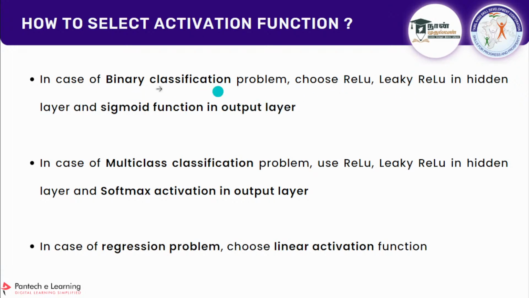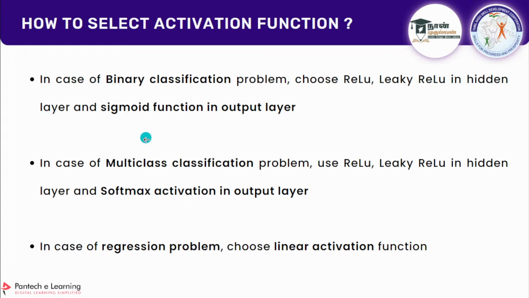But in the output layer, go for sigmoid. Why are we going for sigmoid in a binary classification? Tell me guys in chat. For a binary classification problem, we are going for sigmoid in the output layer alone. Why? Because in the output we want either 0 or 1. With that sigmoid curve, if it is above 0.5, it will give us 1, or if it is below, it is going to give you a 0. So this will be best if you place it in the output layer.